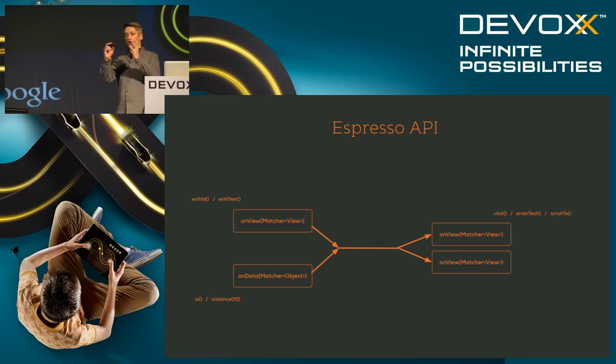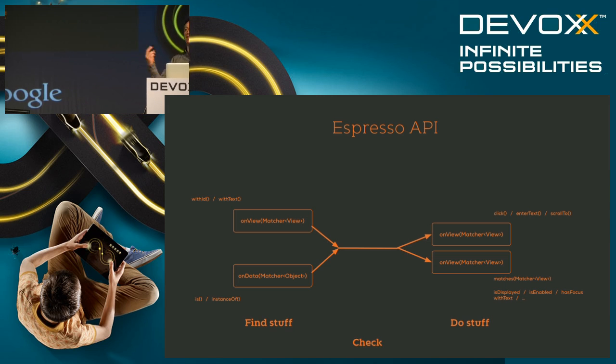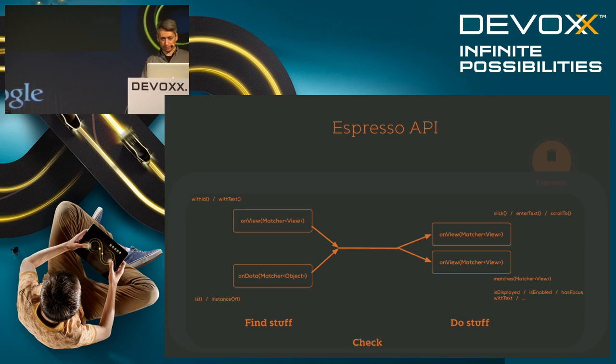And then when you've got hold of a component, you can work with it. Either you can do things like click, enter text, and so on, or you can do your matching. Basically, find stuff, do some stuff, and at the end, you check the state.